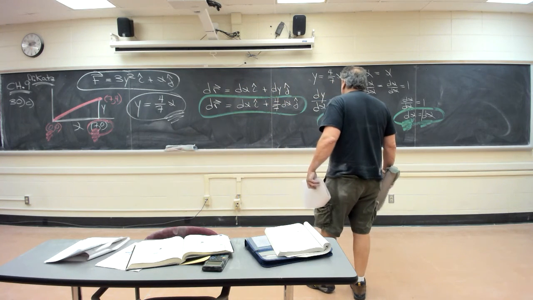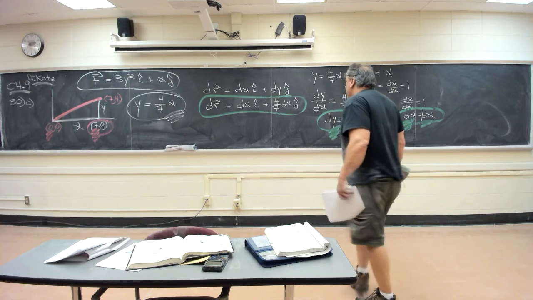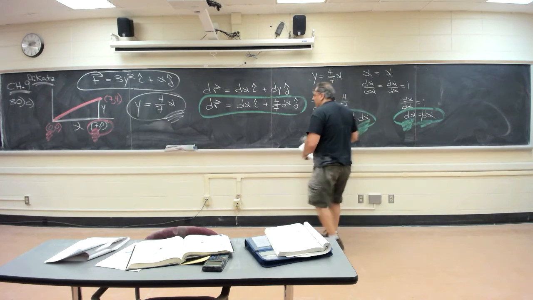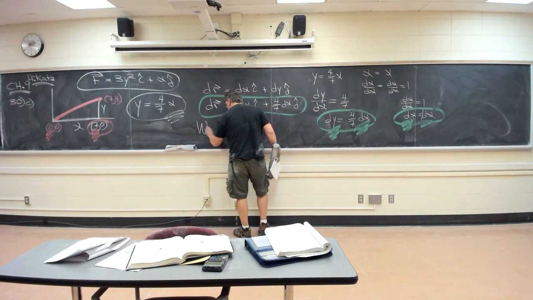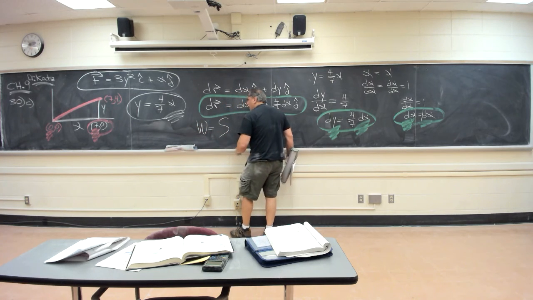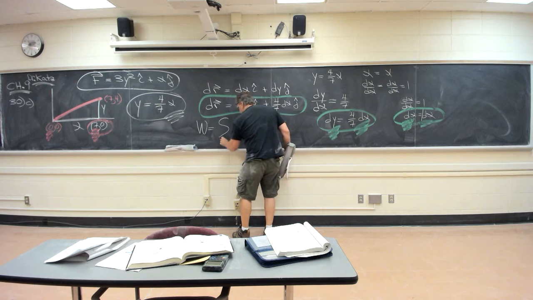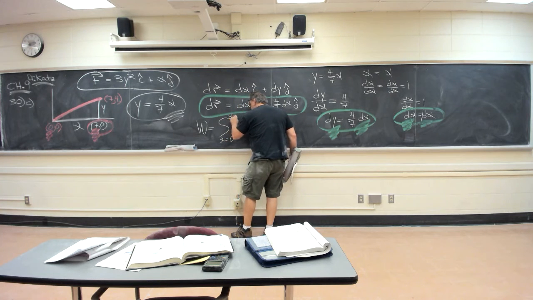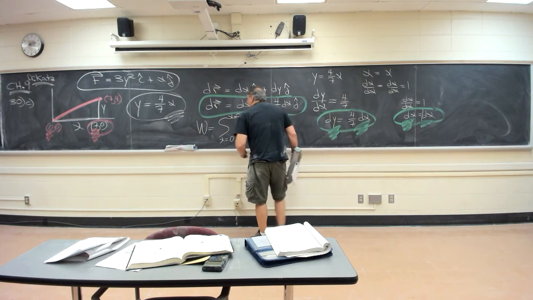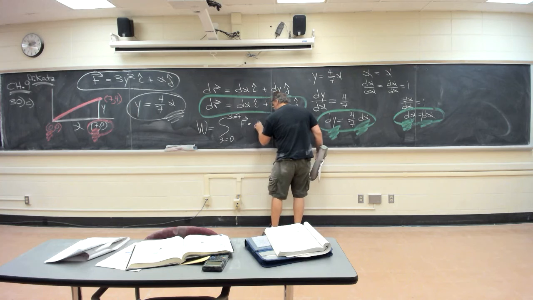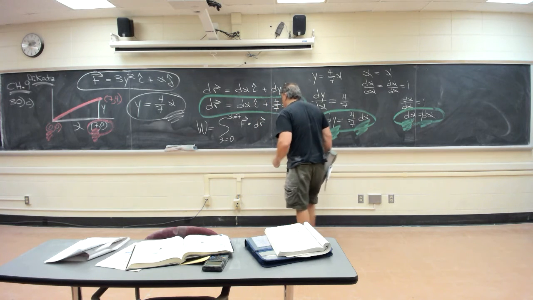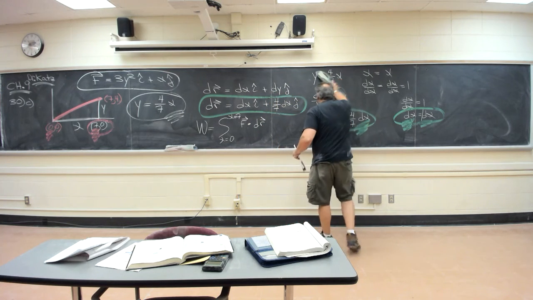So what do you think? This is actually the way it's going to go. You're going to basically say that the work done is the integral from x equals 0 to x equals 7 of F vector dot dr vector.